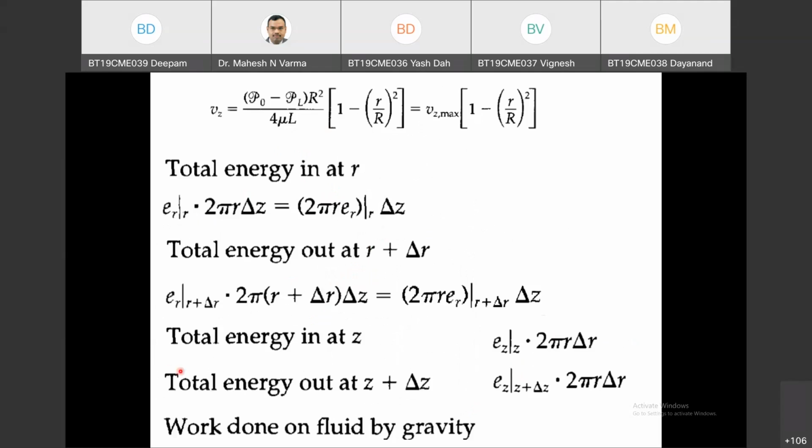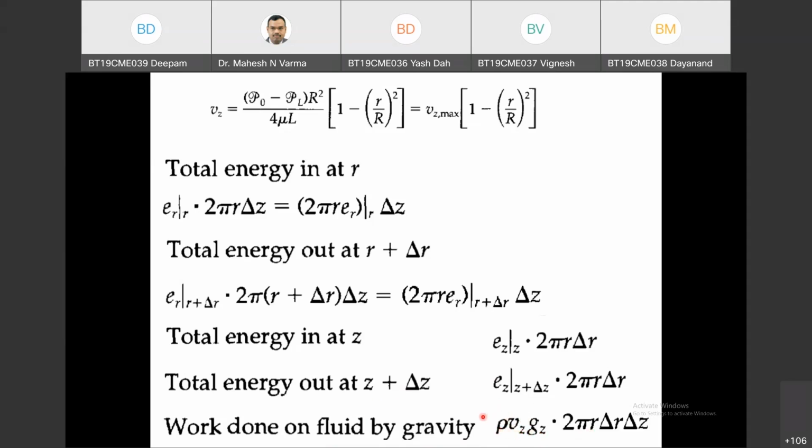This will be the total energy going out of the differential shell, that will be EZ evaluated at Z plus delta Z multiplied by the same area, and this will be the work done on the fluid by gravity. The external force acting on the system is gravity. So this is work done: force per unit area, that is gravitational force multiplied by volume, velocity and density.